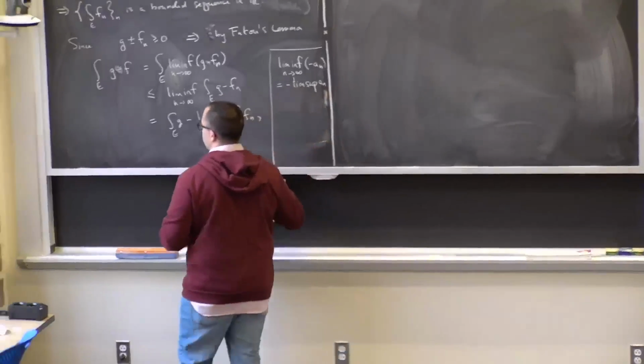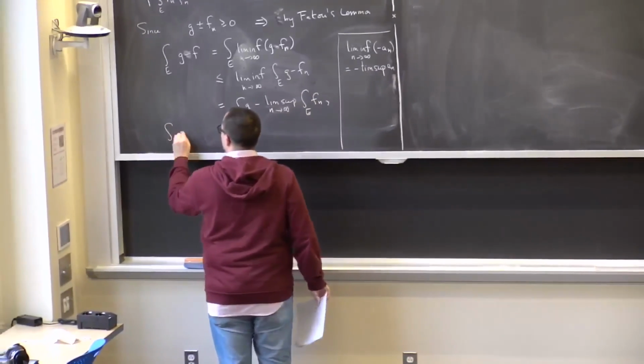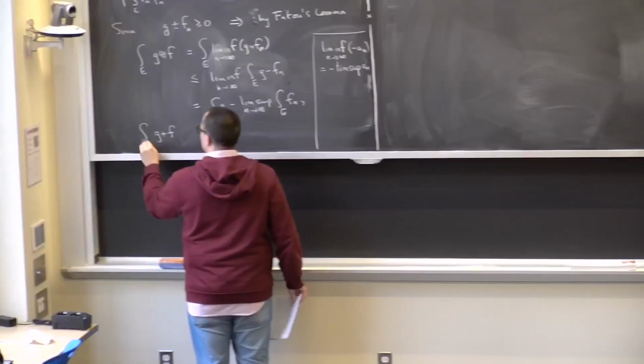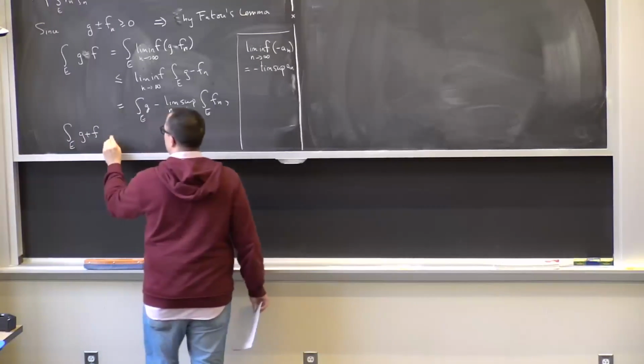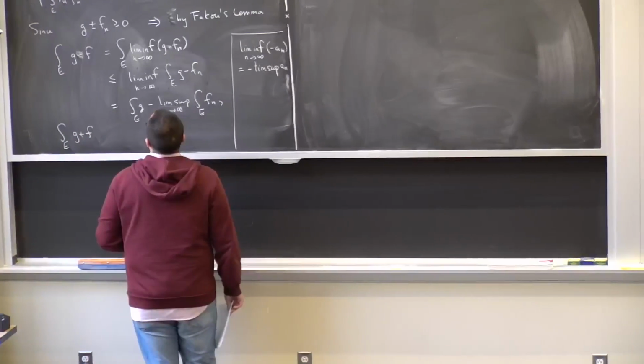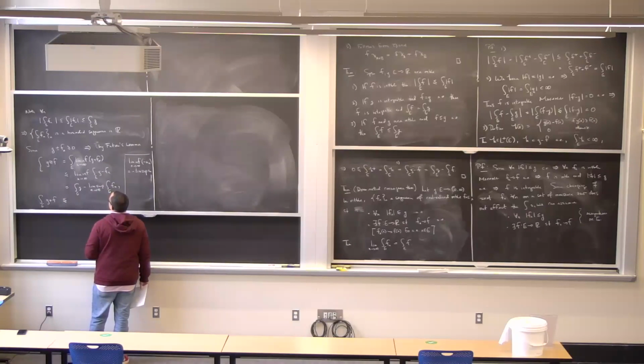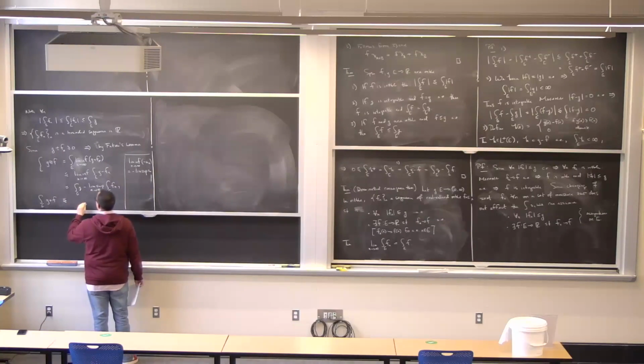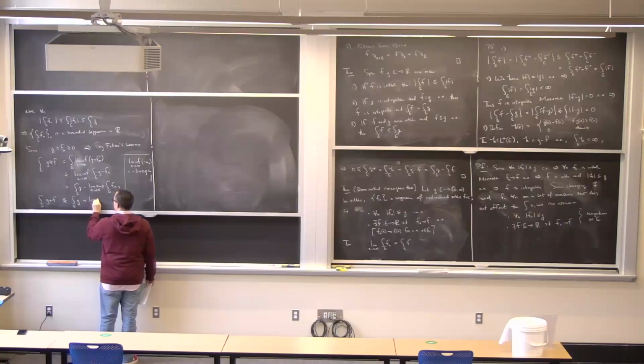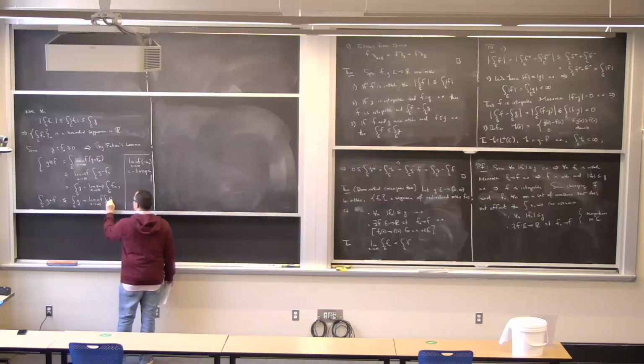And similarly, I get that the integral of g plus f is less than or equal to, just by Fatou's lemma again, but now I don't have to switch minuses. This is less than or equal to the integral of g plus the lim inf as n goes to infinity of the integral of fn over E.